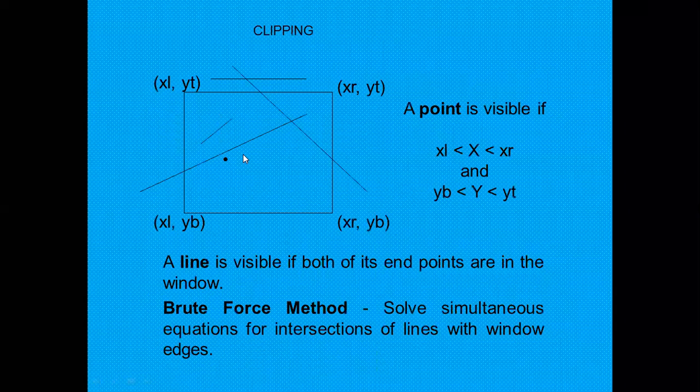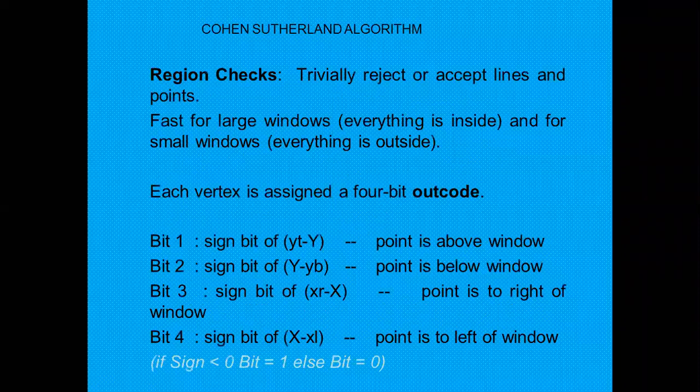So first here we will write the vertex names A, B, C, D. After that we will check each vertex. Each vertex is assigned a 4-bit output, so here we will use the 4-bit output.